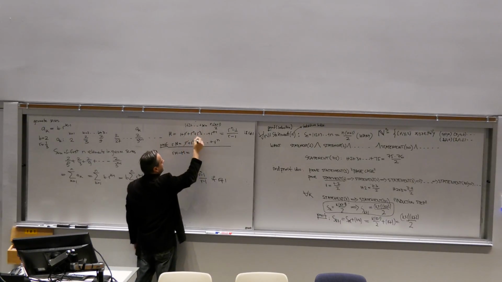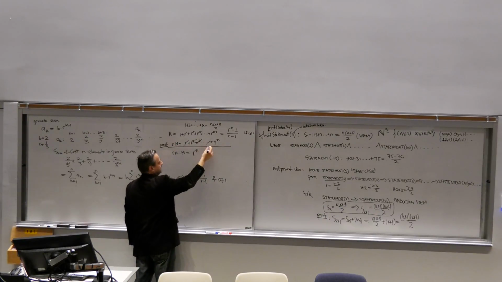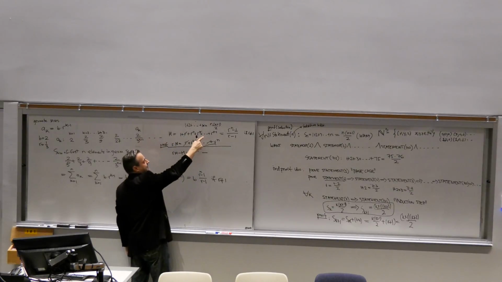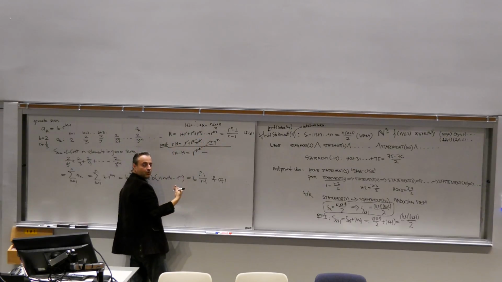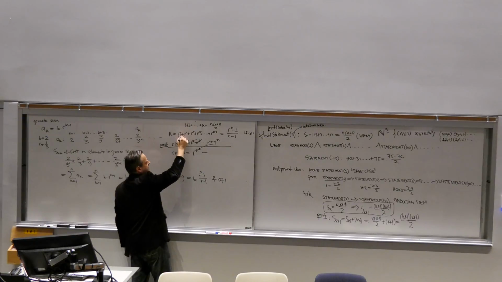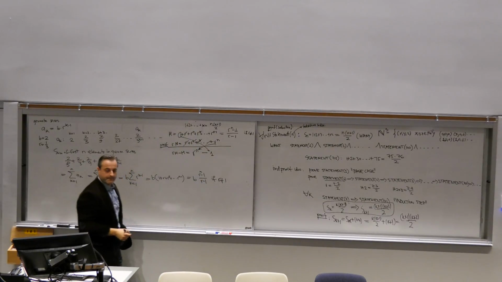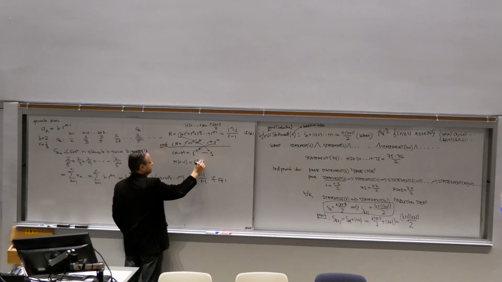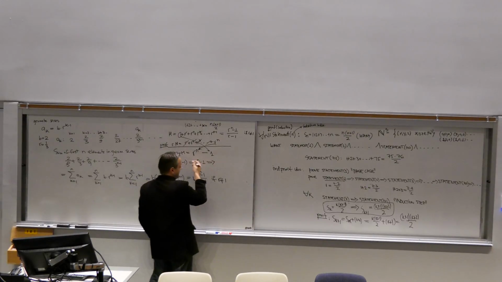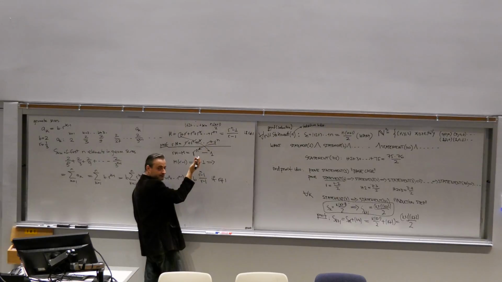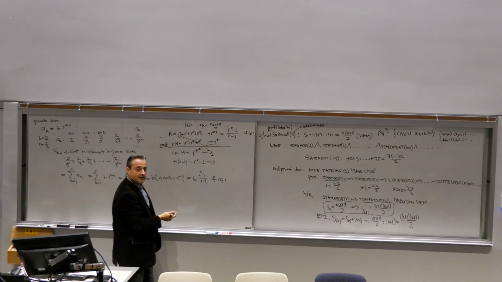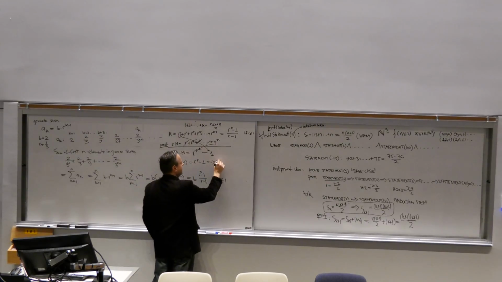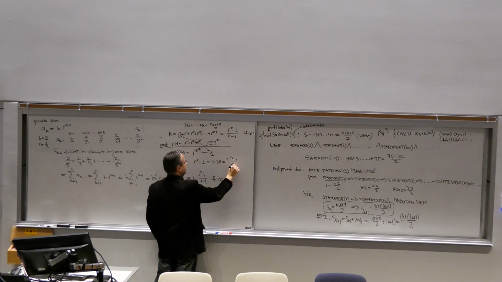Everybody goes away, except from the rM, I'm left with r to the n. And the other one that is subtracted is left with the 1, right? So now rM minus M is M times (r minus 1), right? So now if r is 1, I can't do anything about this. I'm done. But if r is not 1, I can obtain M as (r to the n minus 1) divided by (r minus 1).